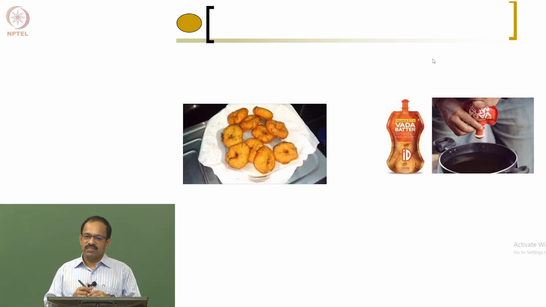This product is like a package, and it has a cap at the top side of it. There is a particular design. So the moment you squeeze this tube, you will get a shape with a central hole. So without any particular effort, you will be able to make medu vada. So that is the product which he came out with.